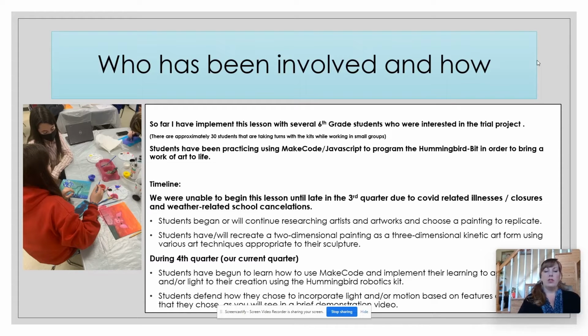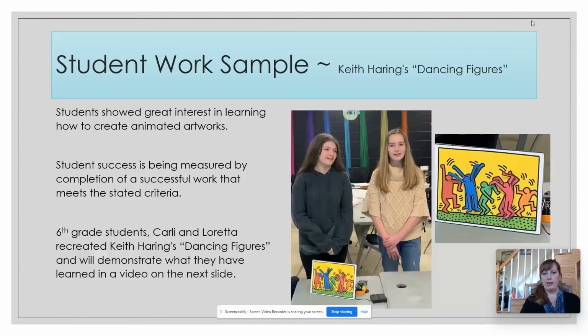During the fourth quarter, our current quarter, students have begun to learn how to use MakeCode and implement their learning into their artwork using the Hummingbird Robotics kits. Some of the students have been able to defend how they chose to incorporate either lights or motors into their artwork. I'm going to show you a work sample next.